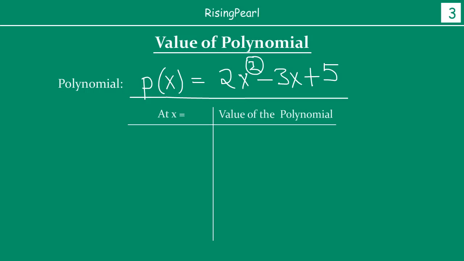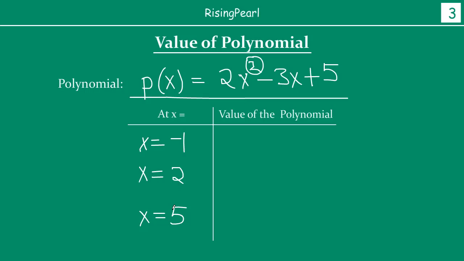So let's find out the value of this polynomial at different values of x. So let's say we want to find out the value at x equal to minus 1. We want to find out the value at x equal to 2, and we want to find out the value for x equal to 5. So these are some random values that I have taken. I have just randomly picked these numbers.